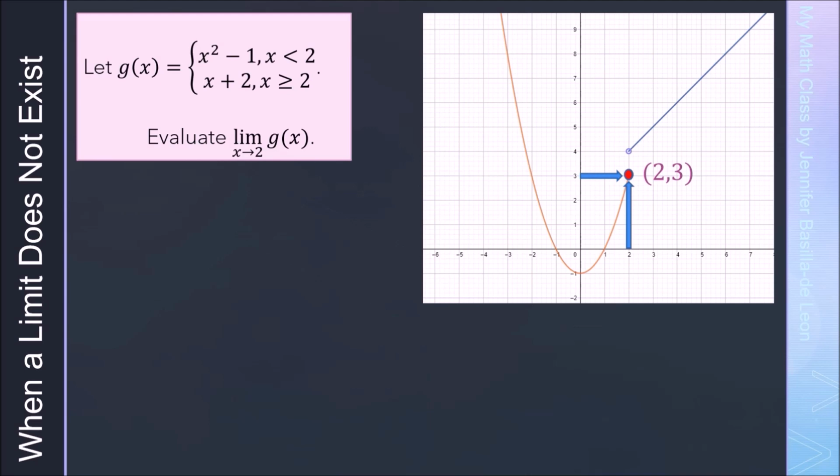Let's verify our answer using a table of values. Note that you can choose any value for x as long as it satisfies the conditions. Looking at the set of conditions, we will consider the function defined at x less than 2. Hence, we will be evaluating the limit of x squared minus 1 as x approaches 2 from the left.